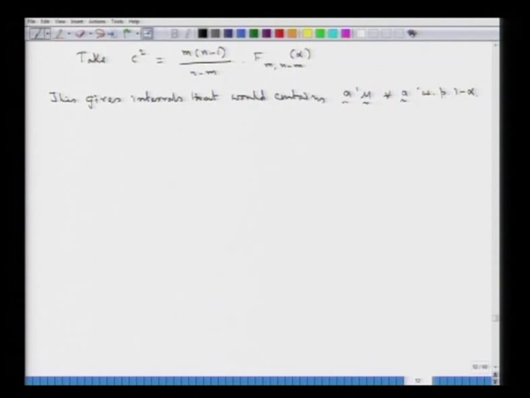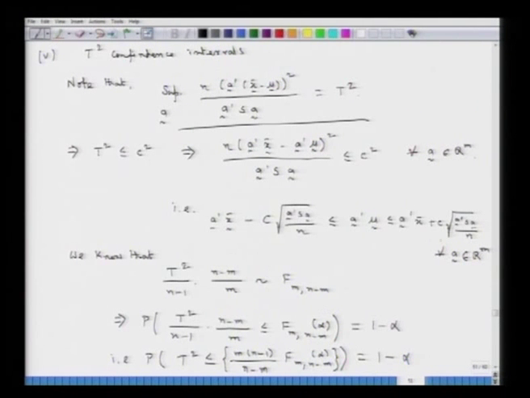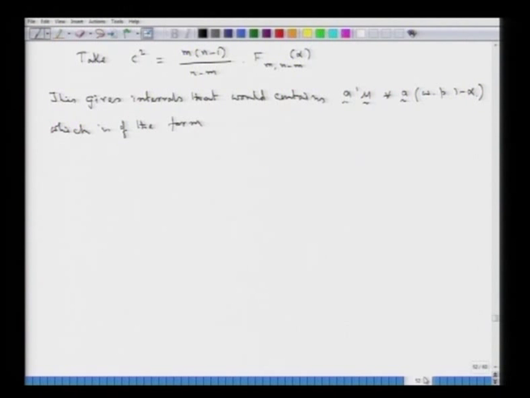It is given from the previous discussion that with a c which is given by the square root of this particular quantity, we will have the coverage equal to 1 minus alpha.